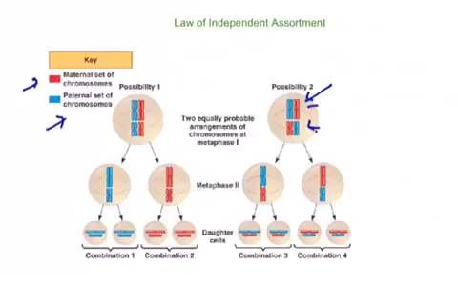Now, in meiosis, the way the maternal and paternal chromosomes line up on a spindle fibre is completely random. It's quite possible to have the blue on the left here and the red on the right, and the second pair could be blue on the left and red on the right, or alternatively you could have red on the left and blue on the right.